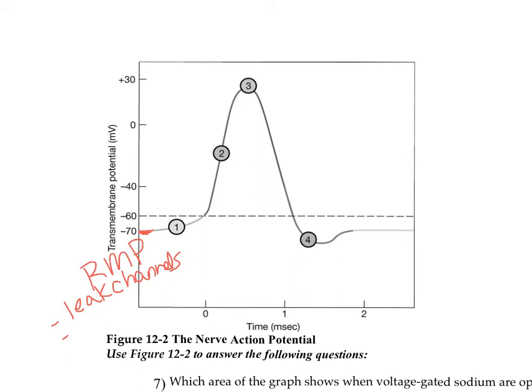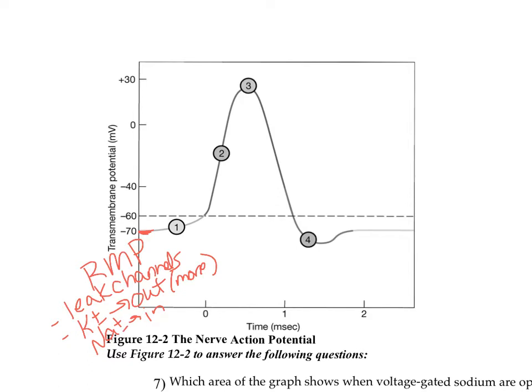Okay. What causes it? So the leak channels where potassium moves out and sodium moves in, and we have more potassium channels than we do sodium channels. So more positive charges are moving out than in.